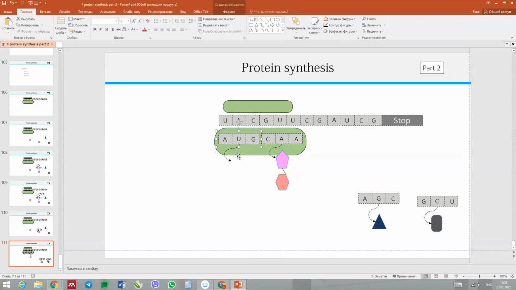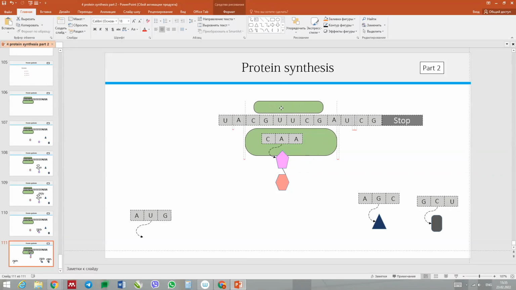And now this transport RNA is not needed anymore in this region. It will be moved out. What will happen next? Then there will be a movement, and we have now here a space for new amino acids.